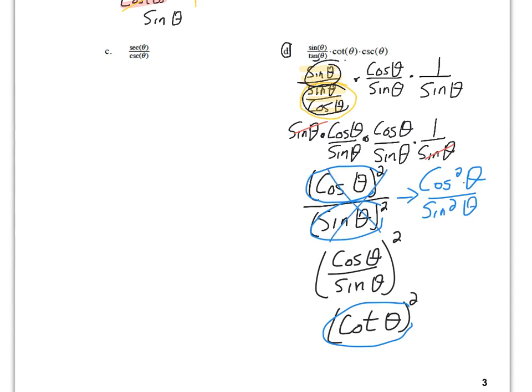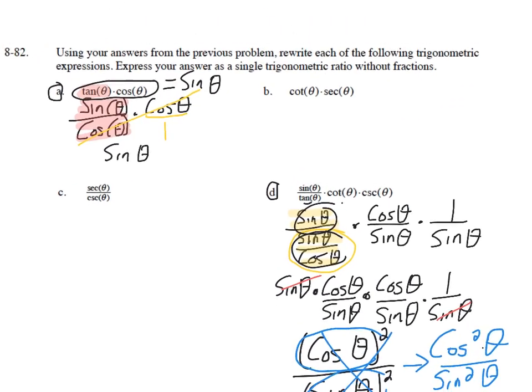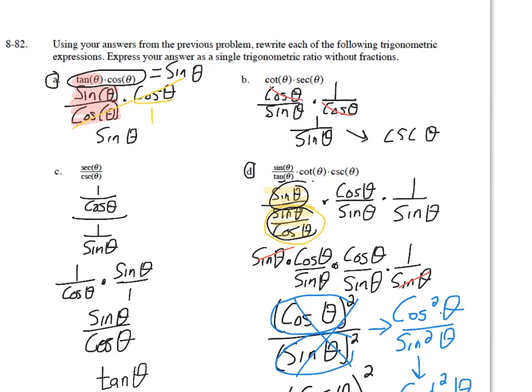This then would simplify into cosine squared over sine squared. That would be the same as cotangent squared theta, which is the same thing as cotangent theta squared. So now I'd like you to pause this and try B and C and then come back and check your answers. Okay, welcome back.